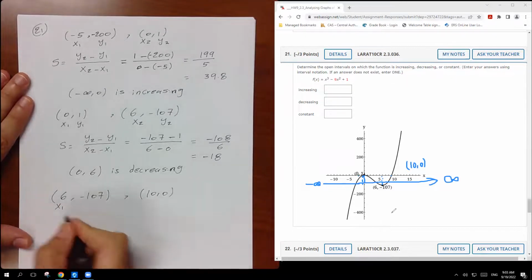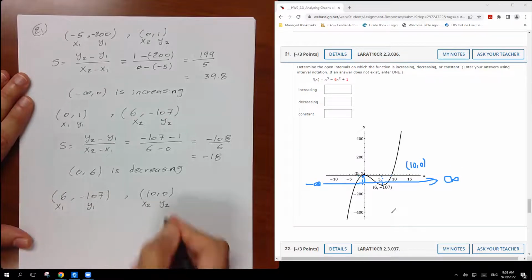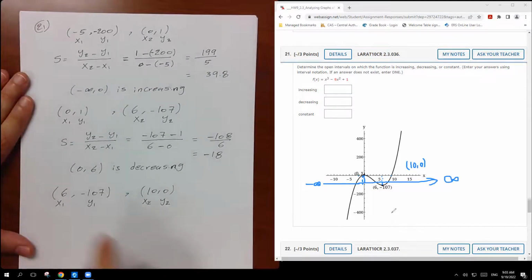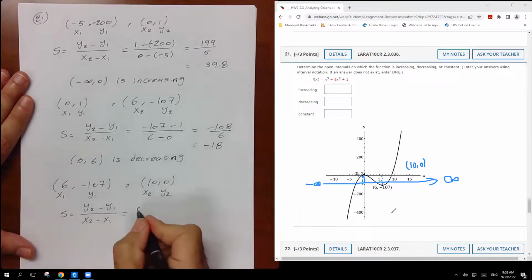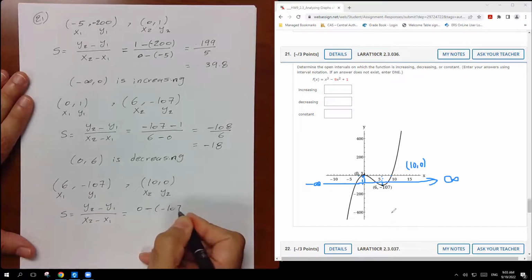Now this is x1, this is y1, this is x2, this is y2. So we're going to do exactly the same thing. The slope is going to be y2 minus y1 over x2 minus x1, and it's going to be y2 is 0 minus y1 is negative 107.